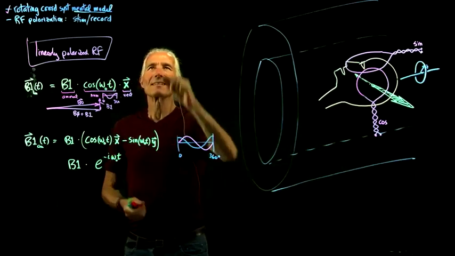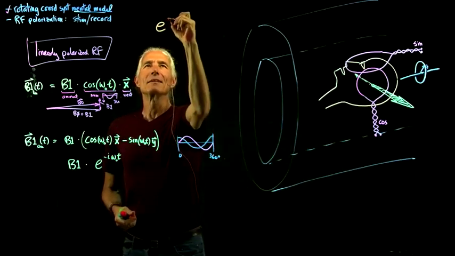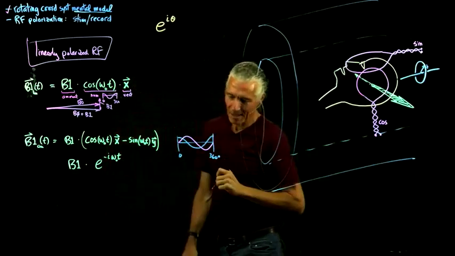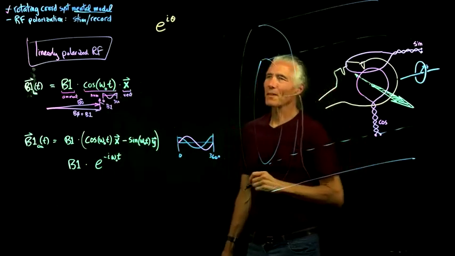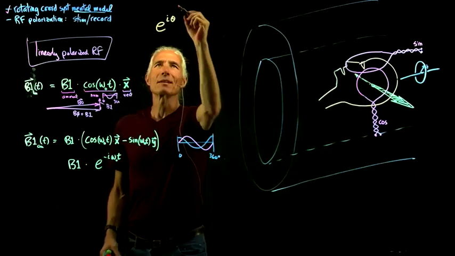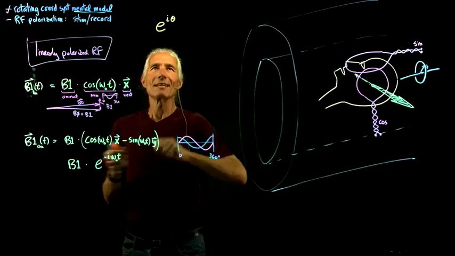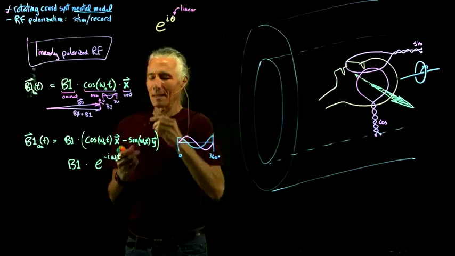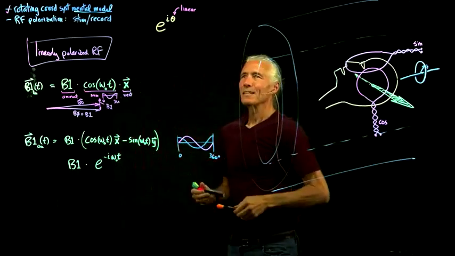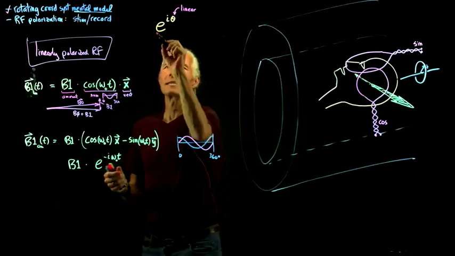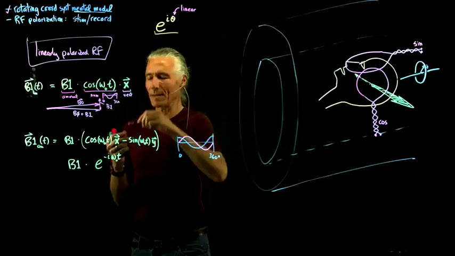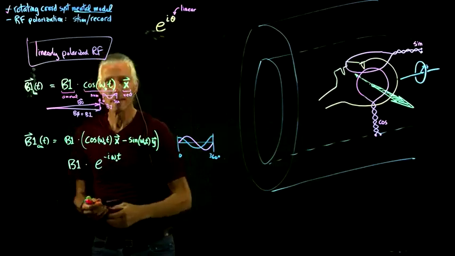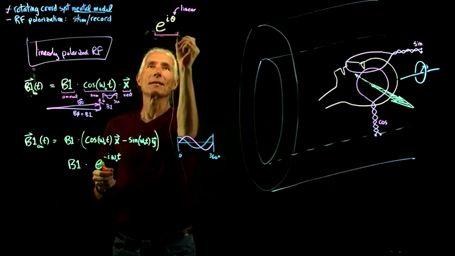Whenever we see e to the i angle, the way we think of this is we've got this linear variable, that's an angle, and then when you put something up to e to the i, the output you get out of it is a circular variable that wraps around on itself. So the output of that guy is circular.